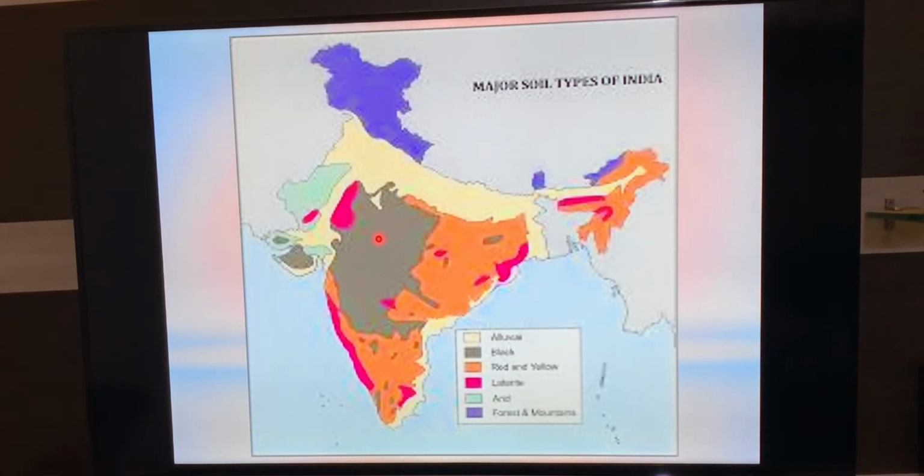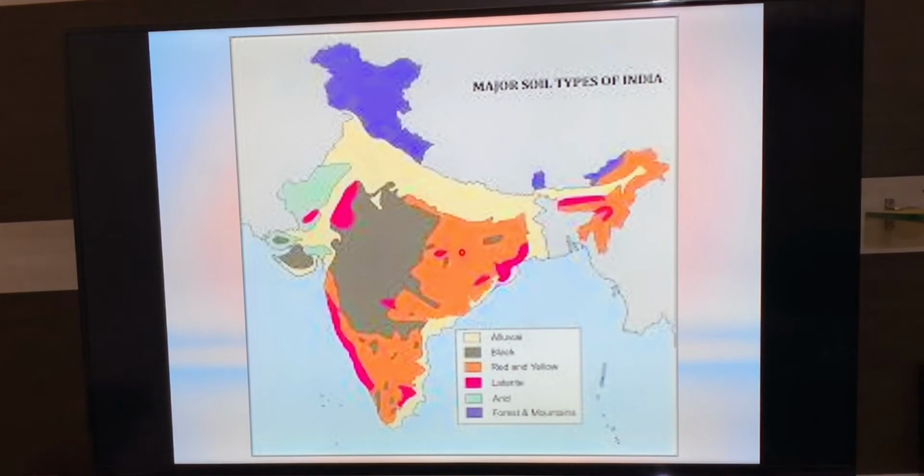The geographical feature of black soil is that it is clay, it retains moisture, is extremely compact, and it is formed from basalt rock.